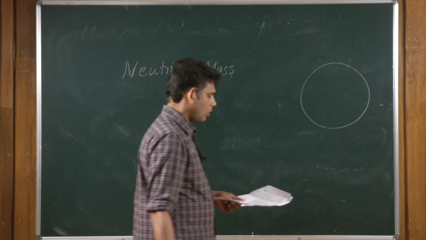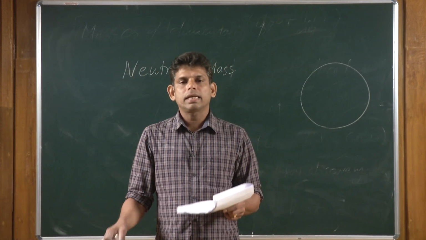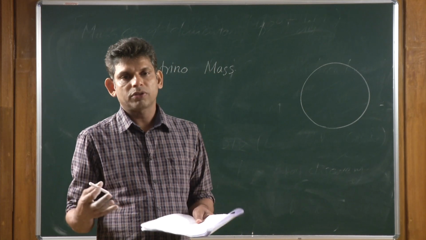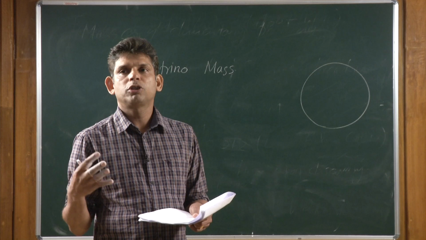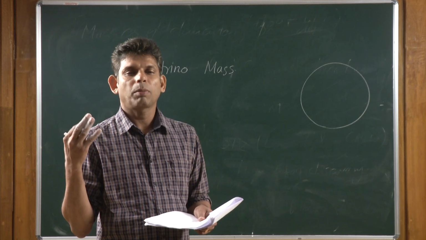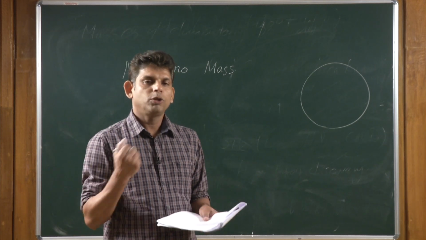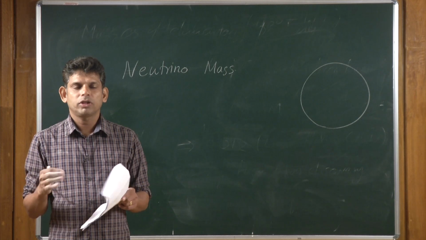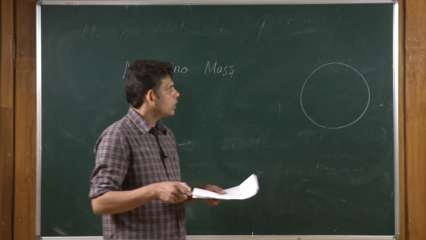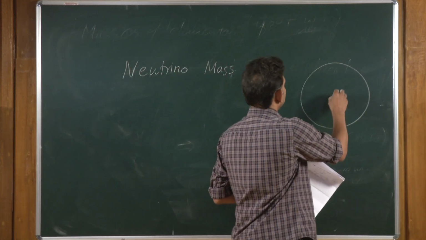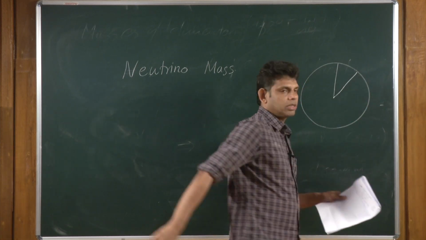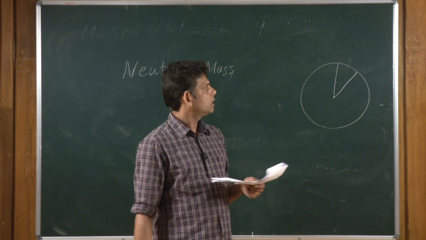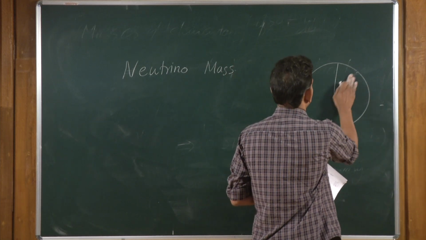And there are also cosmological models which tell us the constituents and the mass of the universe. Now, this at the moment gives a picture which is not understood clearly.